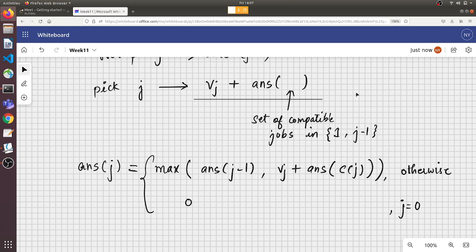So this is our final recursive relation. Base case is j equal to 0. When we have no job left, then our answer is 0. Otherwise, we take the maximum of when we pick the job j and when we do not pick the job j, and return that.